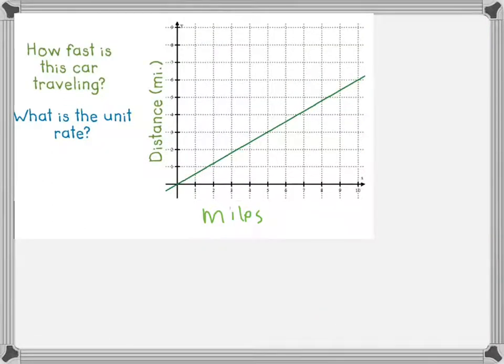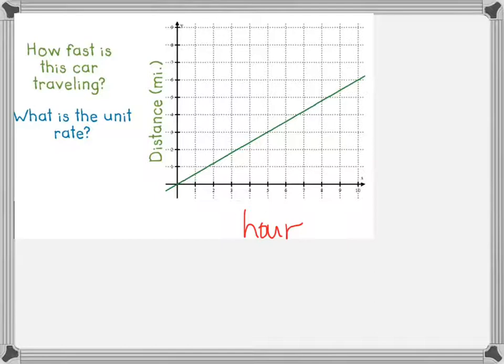For the next one, let's see, how fast is the car traveling? So if it's miles, whoops, I don't want miles on the numerator and the denominator. If I want to do miles per hour, the miles depend on the amount of hours.